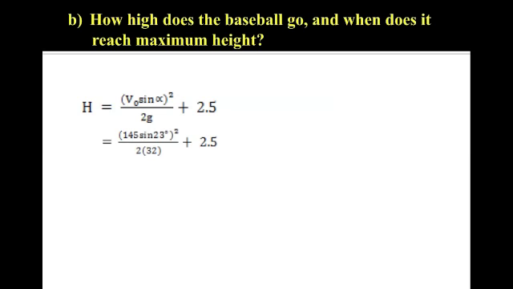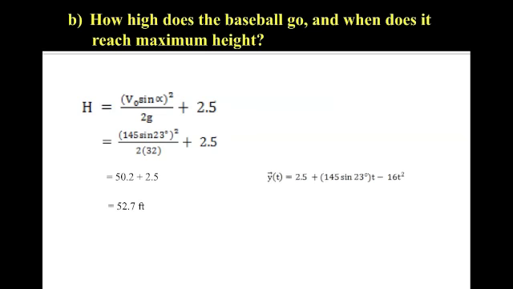So we get (145 sine 23) squared over 2 times 32 plus 2.5. You're probably wondering why g is replaced by the number 32. This is because it is in feet and not meters per second. So after that, we get 50.2 plus 2.5, which would be 52.7 feet.